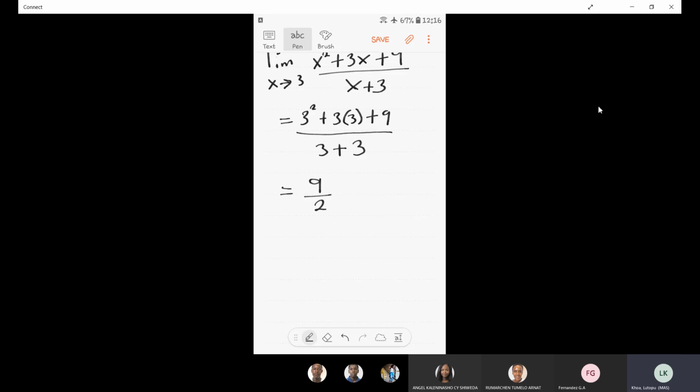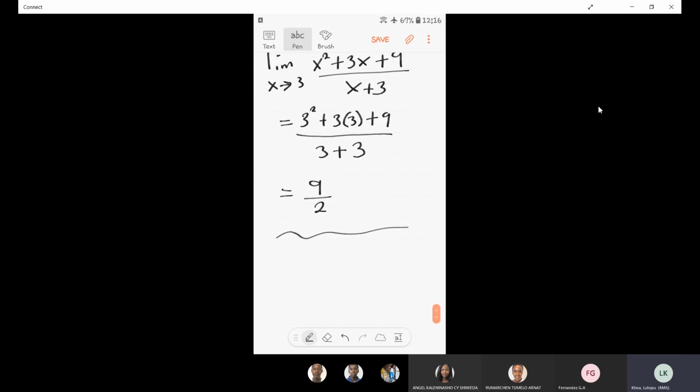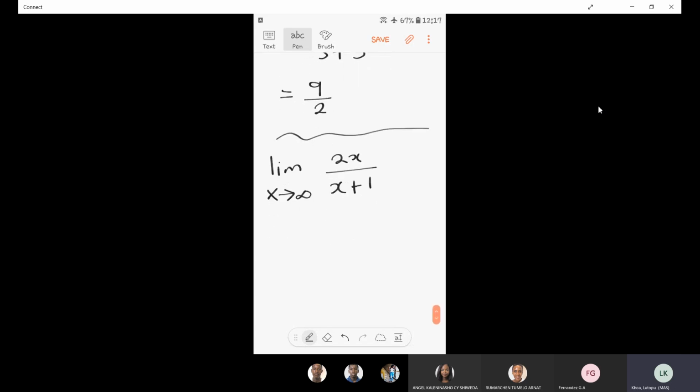Let's do another one. So we have the limit as x goes to infinity of 2x over (x plus 1). Okay, so our values of x are getting bigger and bigger. Now this time I have two straight lines, one in the numerator and one in the denominator. Both of them have a positive gradient, so this is what they look like.